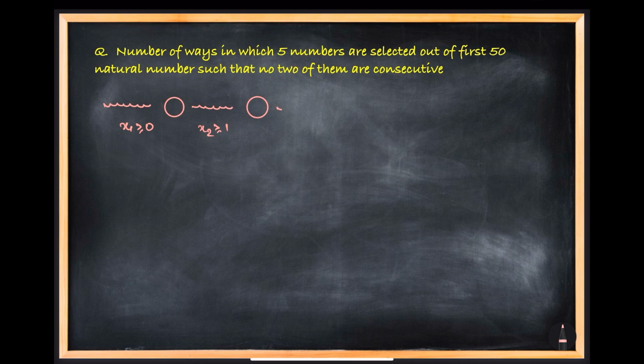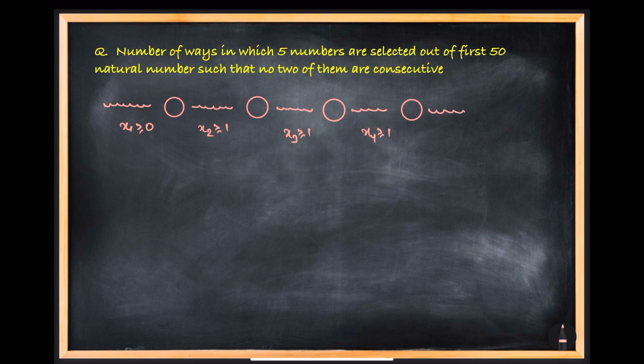Now again you will leave some numbers and select the next number. The minimum should be 1, meaning you have to leave at least 1, because no numbers can be consecutive. Again you leave some numbers and select another number, so x4 would be greater than or equal to 1. You have already selected 4 numbers.